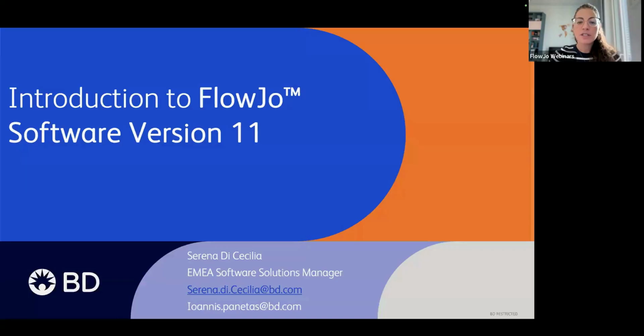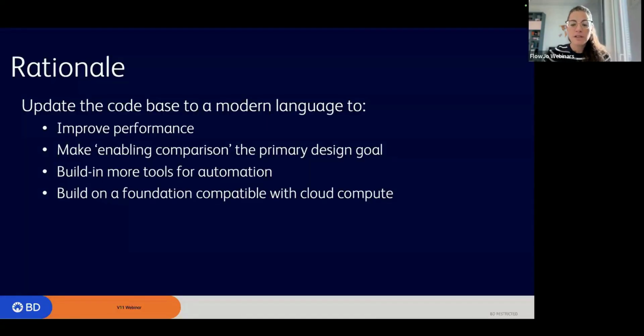So before we actually dive into the software, I think you may have seen this slide already. What is the rationale behind making a new version of FlowJo? People may ask, why are you making a new version instead of just making version 10 better? Well, version 10 got to its best.